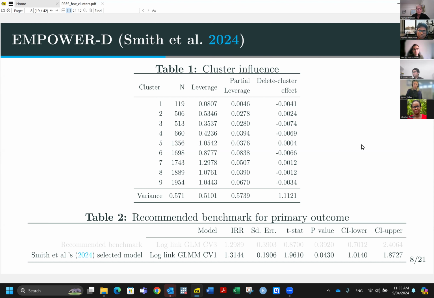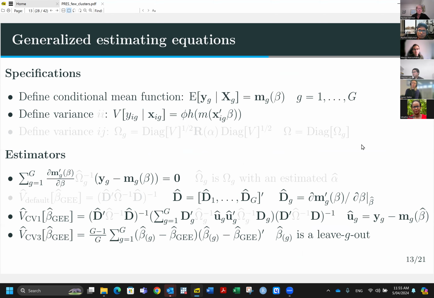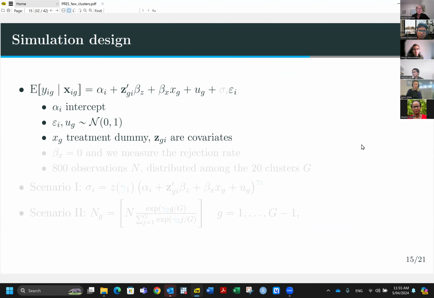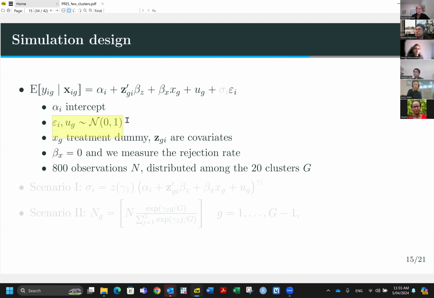When you estimate the power and the needed sample size for your protocol, you usually assume some sort of process, a cluster correlated process, and that is what goes into protocols and papers.